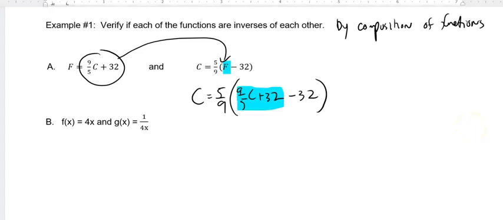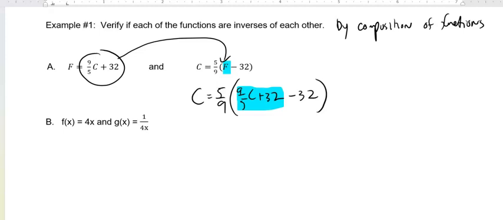Okay, and what should happen? Well, we should have that undoing process, right? That is, when I do this, I should end up with just my output of the variable that we started with. Okay, so let's see what happens.